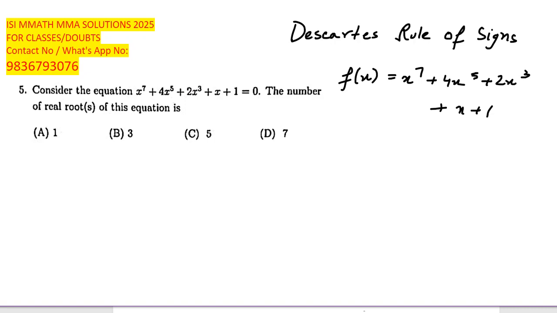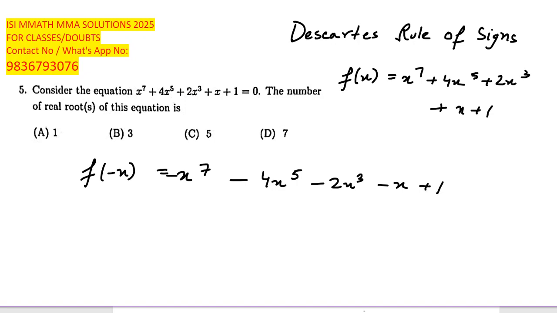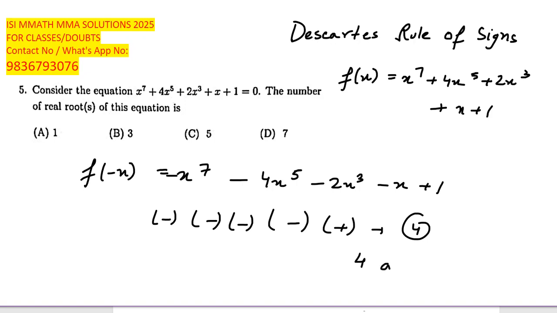So 0 positive real roots. Now for f of minus x, which we already computed, it is minus x to the power 7 minus 4x to the power 5 minus 2x cube minus x plus 1. The signs are minus, minus, minus, minus, plus. So there is 1 sign change, and by Descartes' rule the number of negative real roots will be 1.